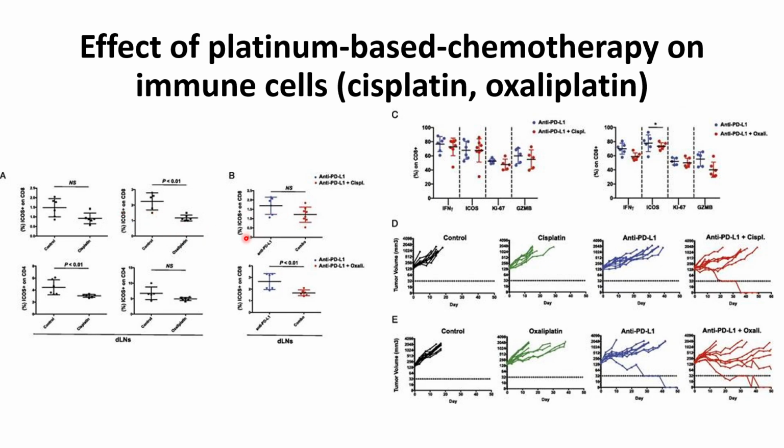However, there is, these CD8 plus cells and CD4 plus cells, all these data are for the draining lymph node. In this case, we can see that the CD8 plus cells decrease is non-significant, and also the CD4 plus cells in the case of oxyplatin decrease is non-significant.